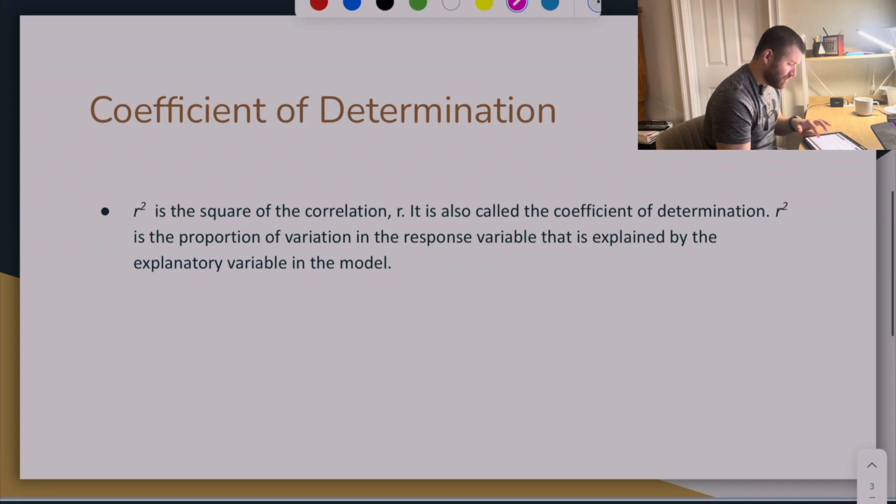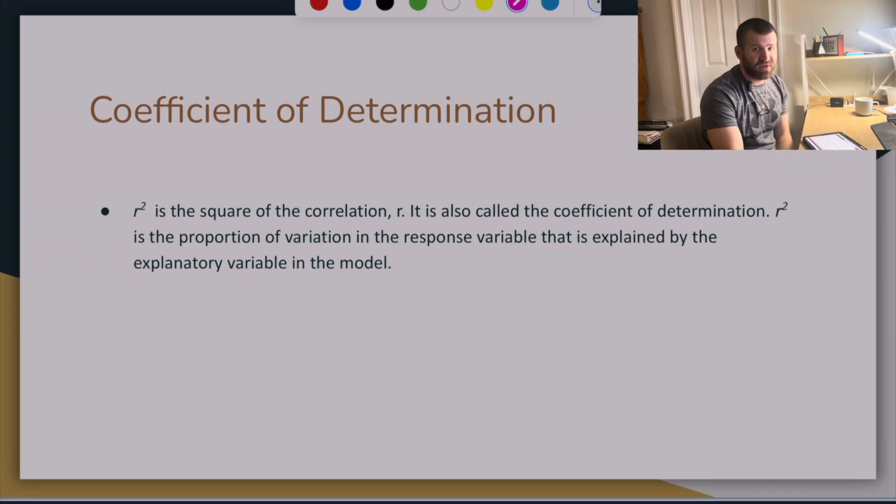For the coefficient of determination, we literally take the R value and square it. So if R is 0.8, R squared is 0.64. If R is 0.9, R squared is 0.81. You just take it and square it. That's simple. This proportion of variation in the response variable that is explained by the explanatory variable is the sentence you use if you are asked to interpret R squared.